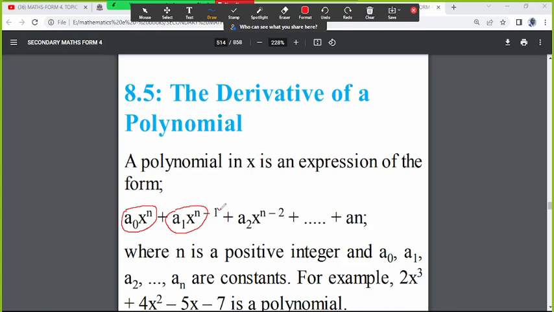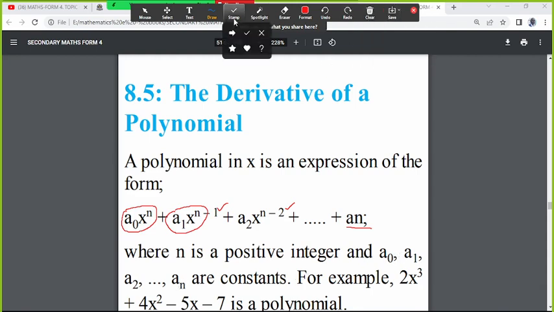So the power is decreasing by 1 until we have a power of n, where n is a positive integer and these are constants.